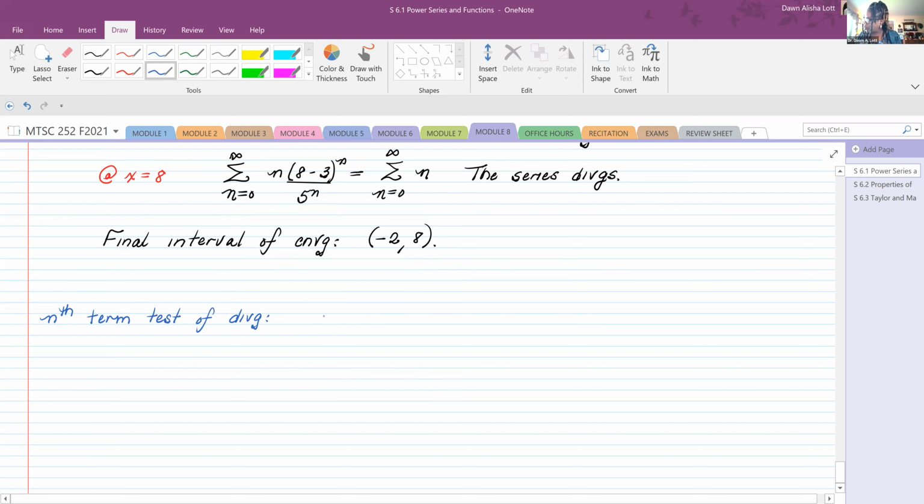If you have a series, the summation n equals 1 to infinity of a_n, or I can even make it start at 0, doesn't matter. The nth term test of divergence says if the limit as n approaches infinity of a_n is not equal to 0, then the series diverges.